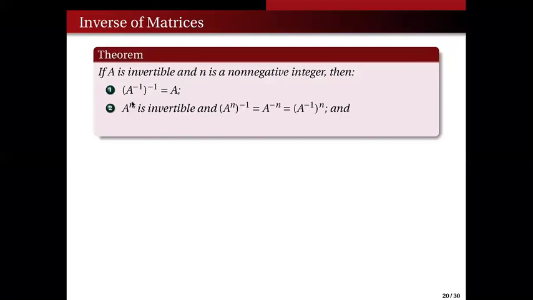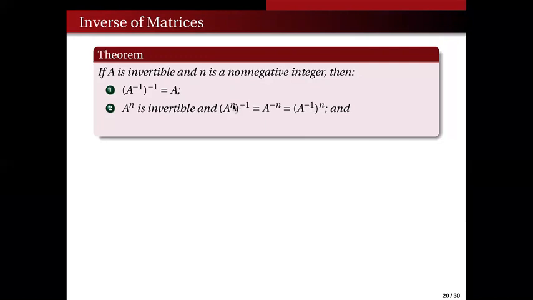Now, A to the n is also invertible. So again, A is invertible, n is a non-negative integer. You multiply A with itself n times, that will still be invertible. So the inverse of A to the n is just A inverse multiplied to itself n times.